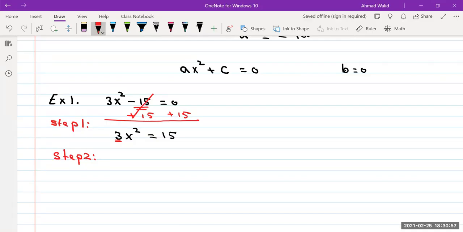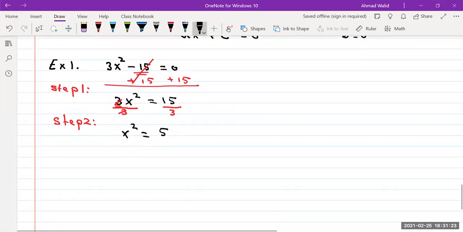That's a wrong answer, correct? Step 2, divide both sides by the coefficient of x squared. It means I'll divide both sides by 3. Then I can write x squared equals 15 divided by 3 gives me 5. Step 3. Oh, let me change it to red color.